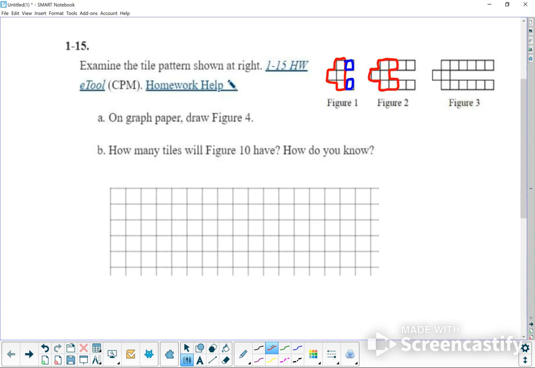But then it has 2 more. It's adding 2, right? At least that's what I'm seeing right now. And figure 3 has 3 of these, like that. And then we're adding, guess what? 3 more.